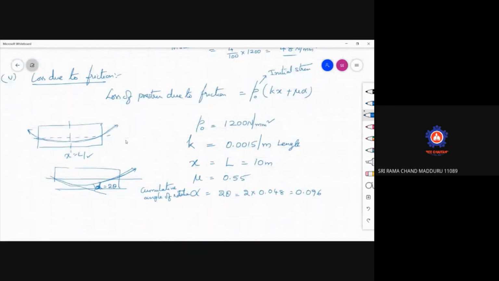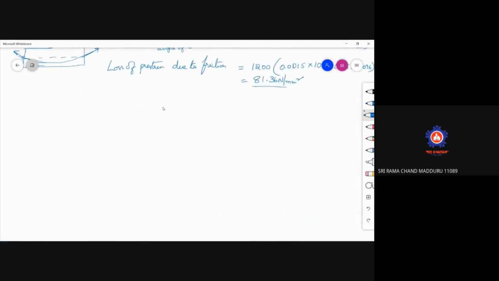So alpha is 0.096 radians. We know all these values, so you can calculate the loss of pre-stress due to friction, which is 1200 into (K is 0.0015 into X is 10, plus mu is 0.55 into alpha 0.096). So the loss of pre-stress due to friction is calculated.